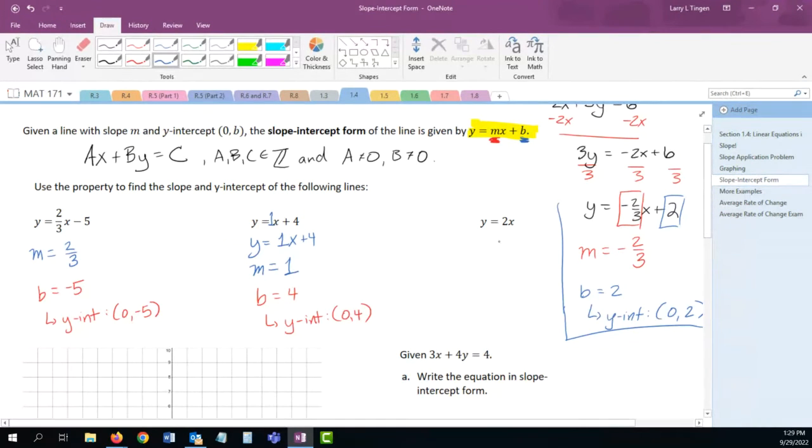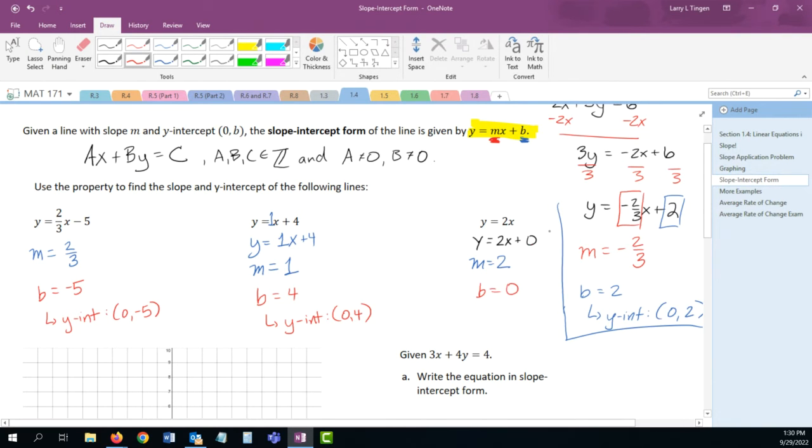And then lastly, over here, y equals 2x. Slope is easy here because m is 2. Y-intercept may not be so easy, so let me add something to it. I have y equals 2x. Is y equals 2x and y equals 2x plus 0 the same thing? 0 plus 2x is still 2x, right?